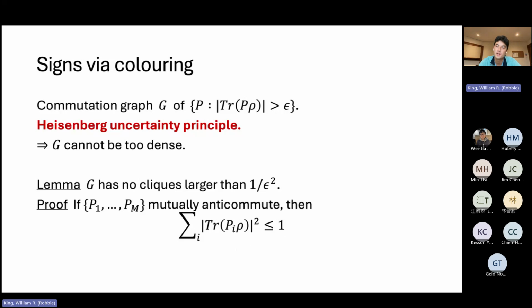This is a generalization of the Bloch sphere constraint that X, Y, and Z all mutually anti-commute, so X squared plus Y squared plus Z squared can achieve a maximum value of 1, which is why we have a Bloch sphere for a qubit. This directly shows that we cannot have large cliques, because a clique is a mutually anti-commuting set of operators.